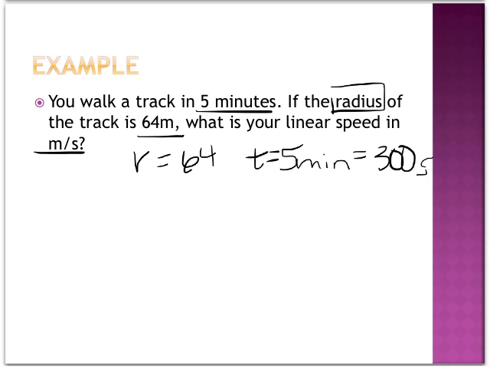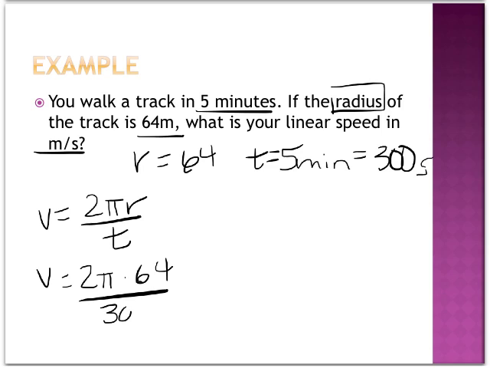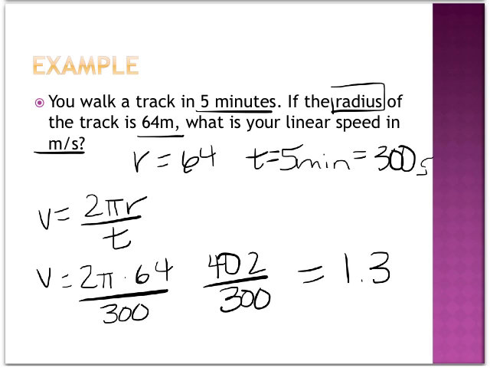So we know velocity is 2 pi r divided by t, which is going to look like 2 pi times 64 divided by 300, and 64 times 2 times pi gives you 402, divided by 300, which is 1.34 meters per second. That's just an example of how you could do stuff like this.